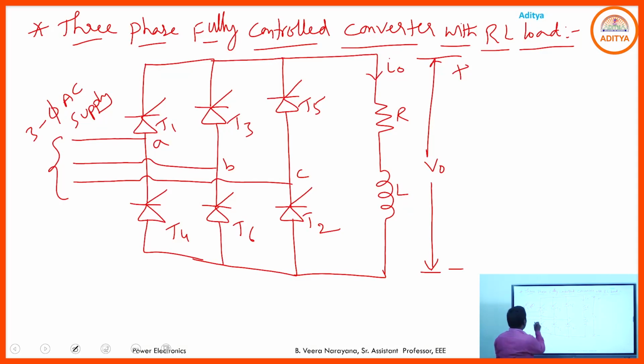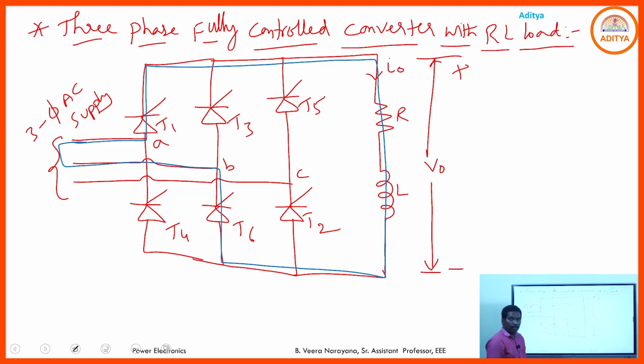If T1, T6 are in the on state, what is the current flow through the circuit? From phase A, T1, R, L, T6, phase B and the source. This is the current flow through the circuit when T1, T6 are in the on state. During that, some energy must be stored in the inductor.